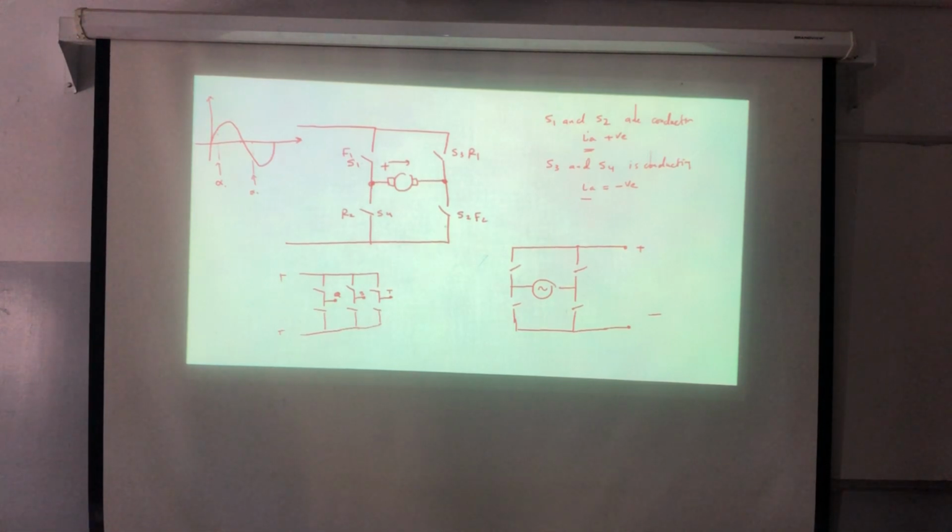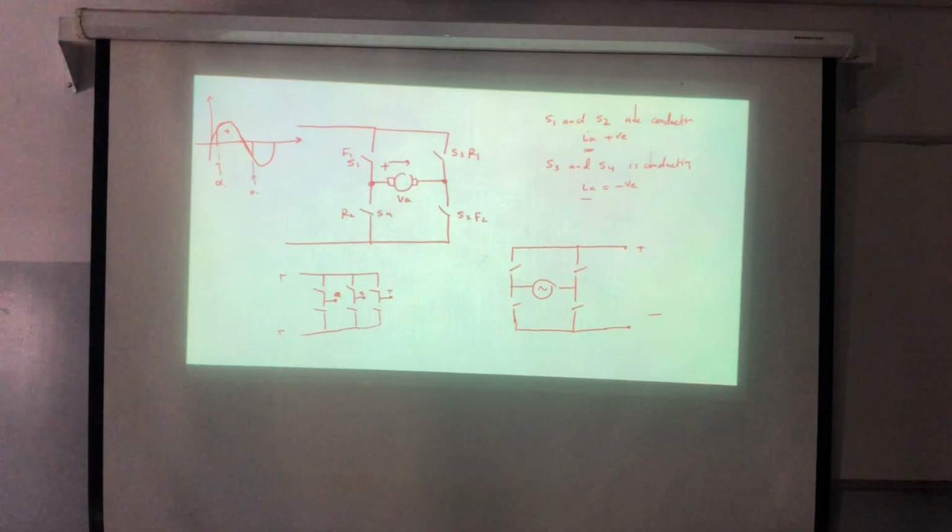So S1 and S2 will be on here, correct? So VT or this VA, let's say, will see this one, correct? Then it will turn off here, correct? So the positive cycle is higher than the negative cycle. So the average is positive.